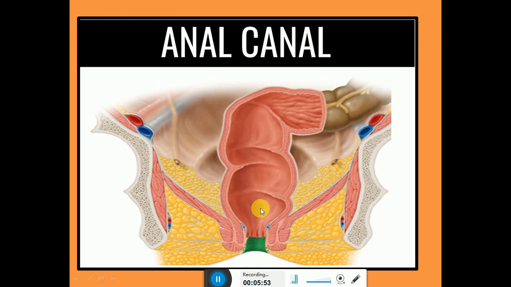This is the anorectal junction, and this portion is the anal canal. And these are the sphincters. Lateral to the anal canal, what we can see here is the ischiorectal fossa.